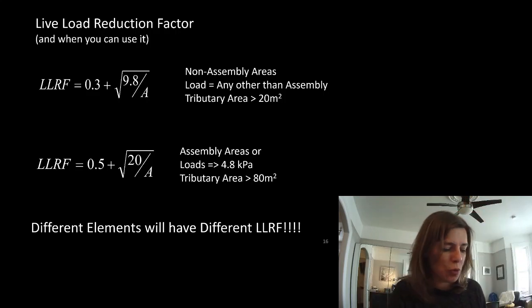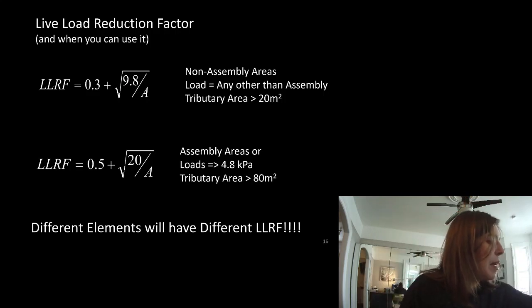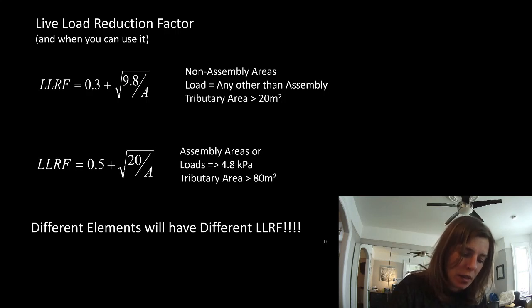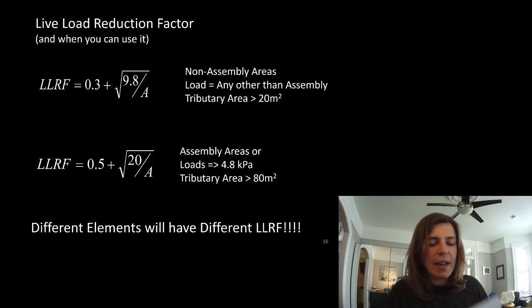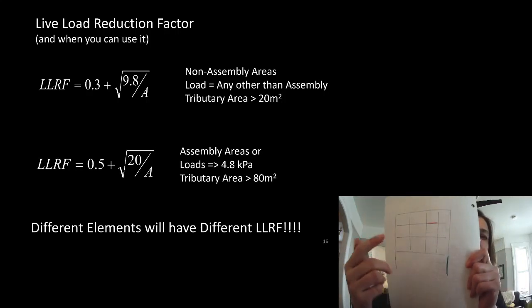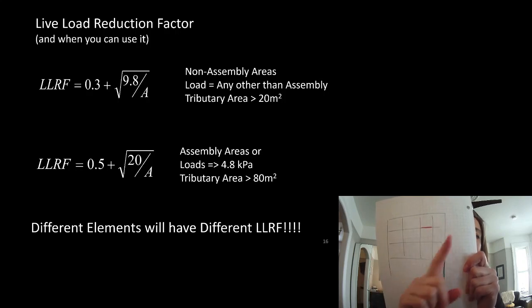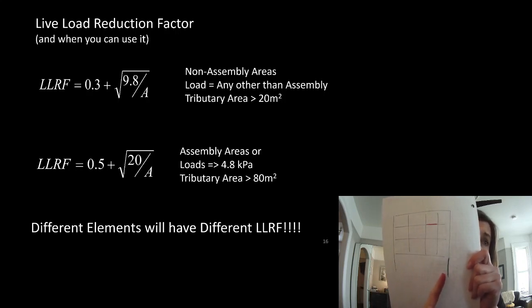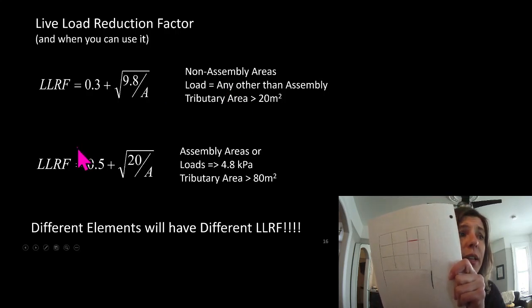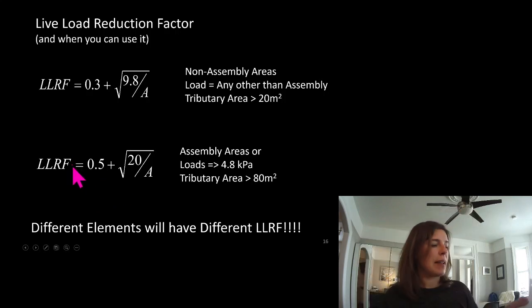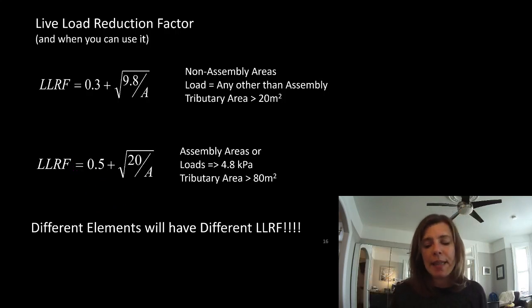I don't know the actual tributary area on that because I just made it up, but it might be 1. Whereas this column over here is picking up half of this entire building. It might have a live load reduction factor getting close to our 50%. So different elements in the building will have different live load reduction factors.